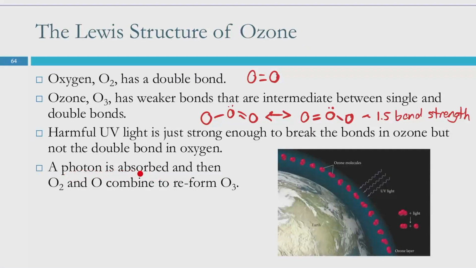So photons can be absorbed by ozone, and then later, just by random processes, O2 and oxygen as a radical or whatever form that it takes in the atmosphere can reform as O3.